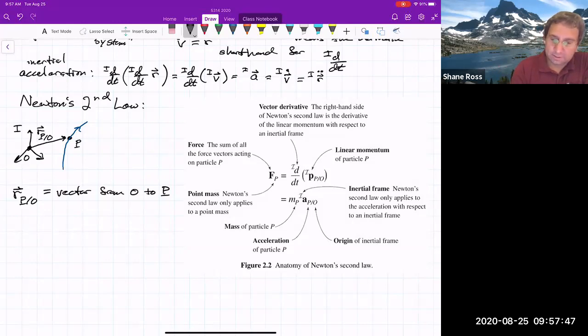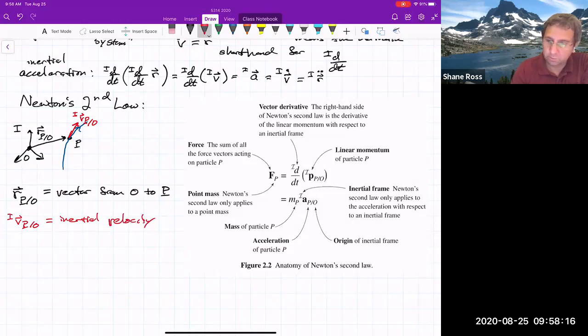All right, so you've got that. You've got the inertial velocity of the particle, the instantaneous velocity of that particle, which we could write as I V of P with respect to O. So this is the inertial velocity.